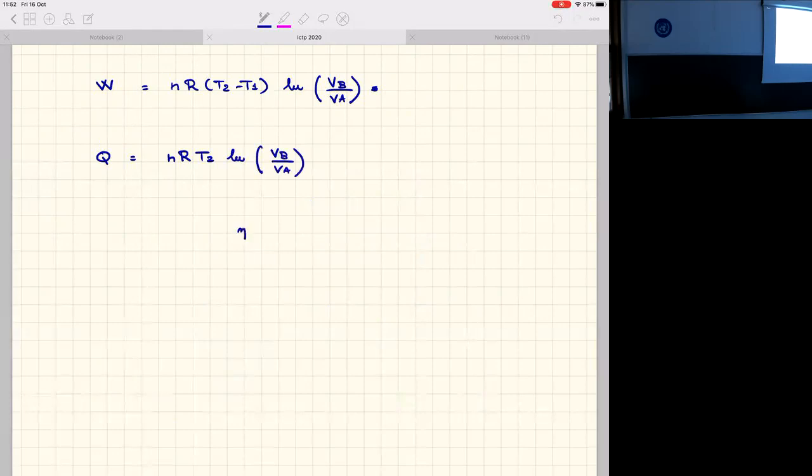Therefore, finally, the efficiency, if you take the ratio of these two, comes out to be T2 minus T1 over T2 and is equal to 1 minus T1 divided by T2. So this is the final result.